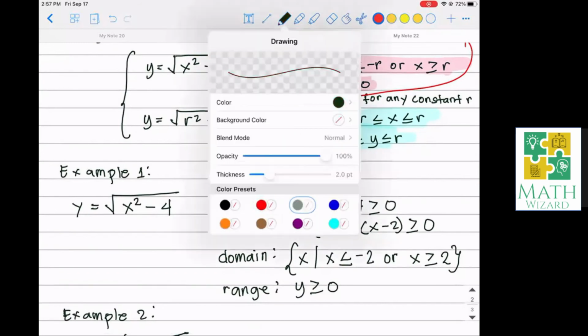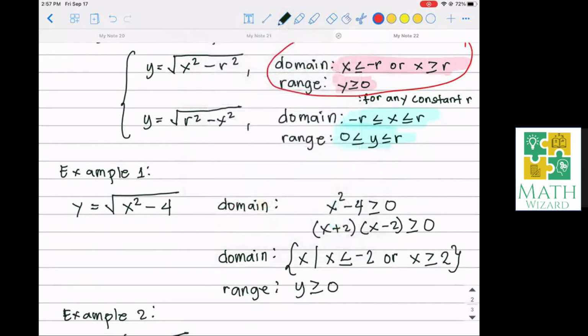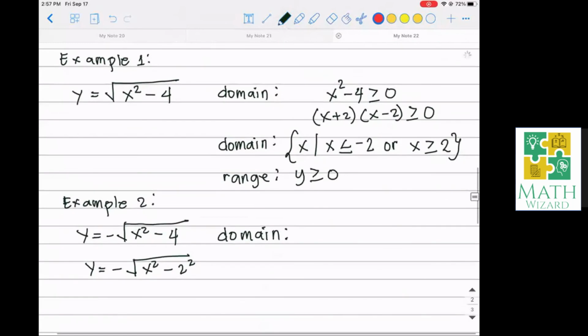So therefore, the value of our domain would be x is less than or equal to negative 2, or x is greater than or equal to 2.